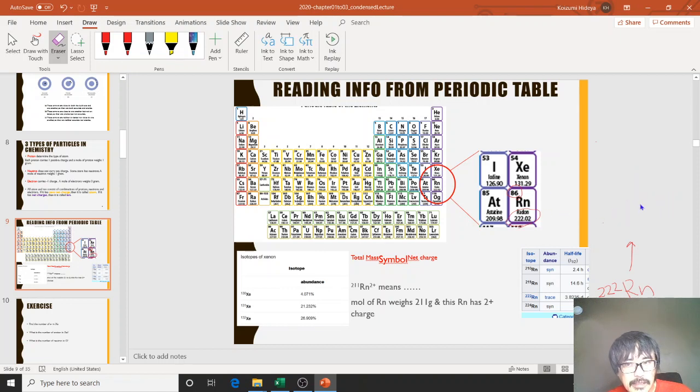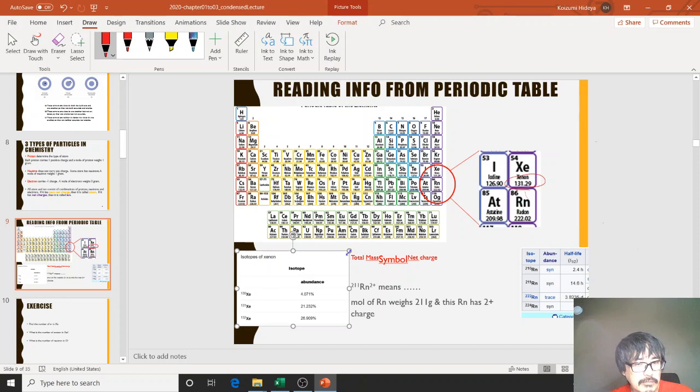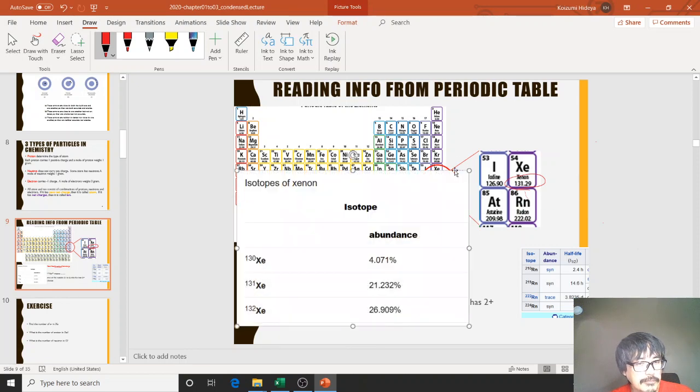Atomic weight doesn't necessarily have to be an integer, a whole number, but what's written here is actually the average weight. So take an example of the xenon right here. It says its average weight is 131.29.